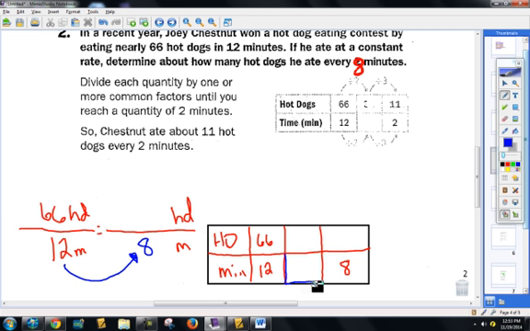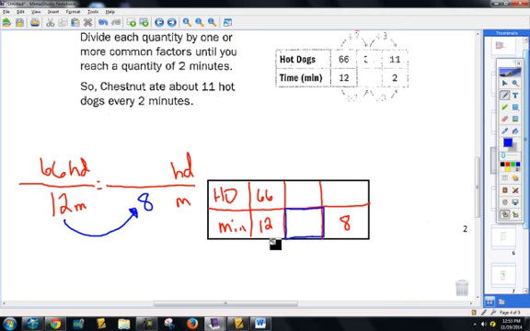Now, I'm going to explain this two ways. The first way, what scaling is saying is I need to scale to some number that I know would not only be able to become that from 12, but would also become 8.